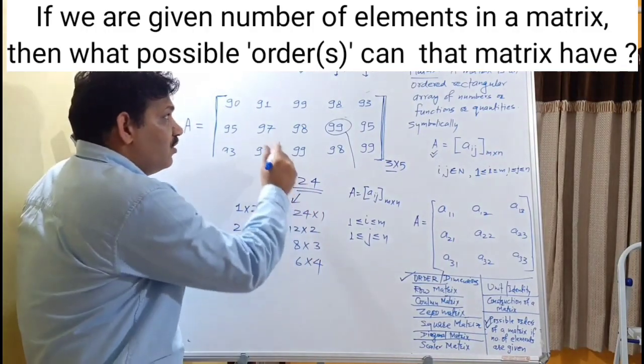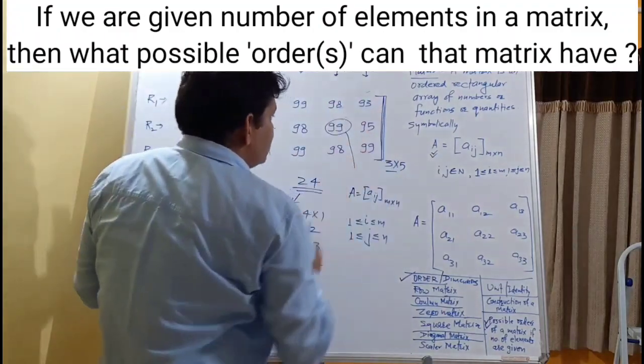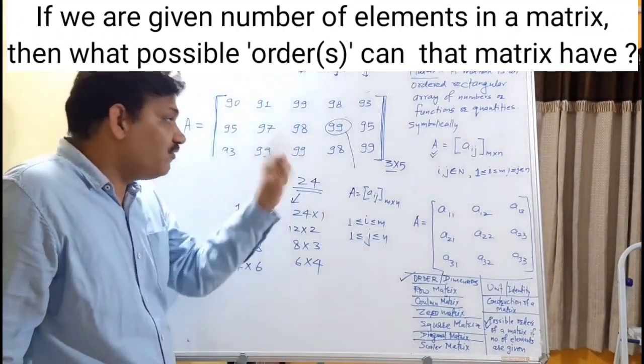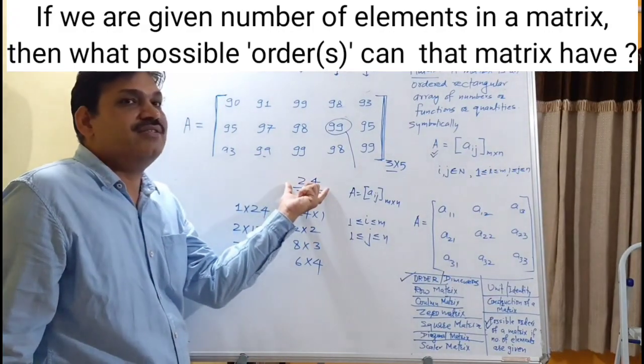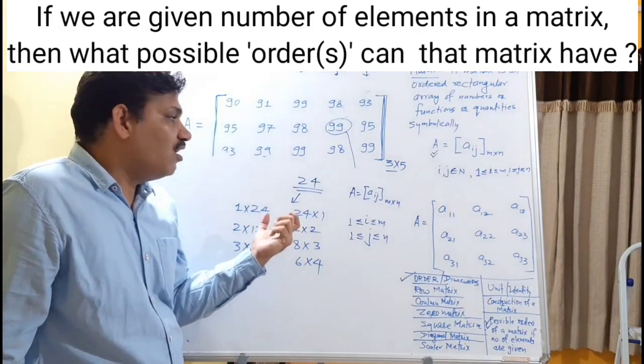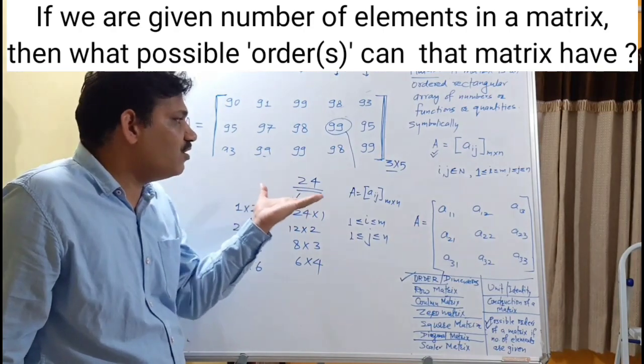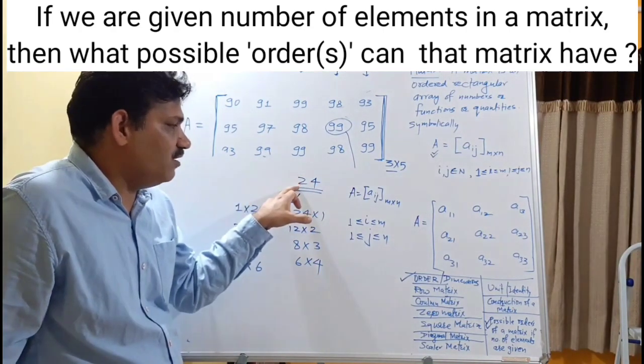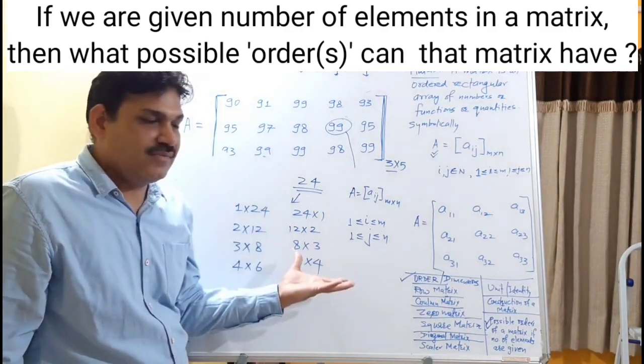So if I am given a matrix, then I can find how many total elements are there, and if I am given the total number of elements, then I can find what possible orders the matrix can have if I try to arrange these elements in a matrix.